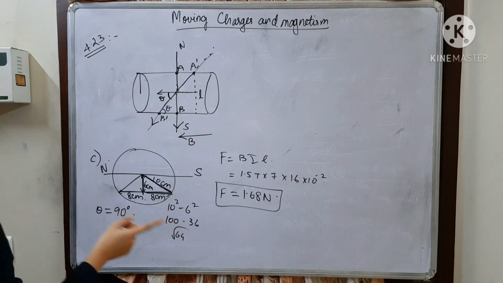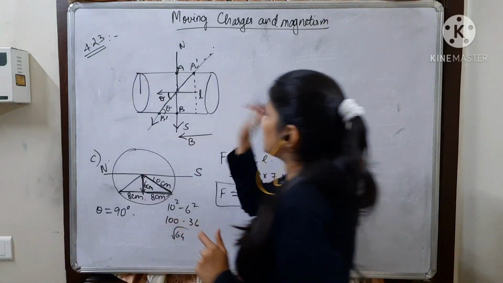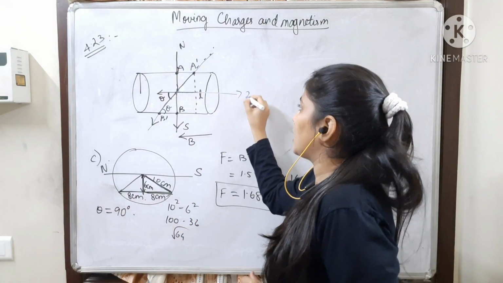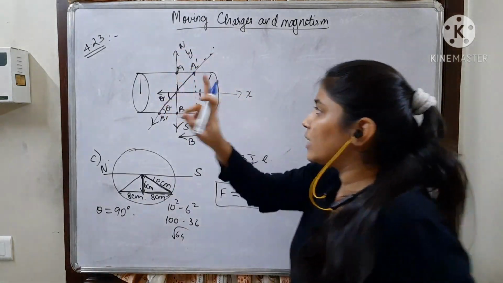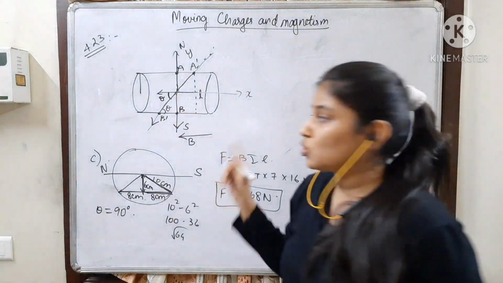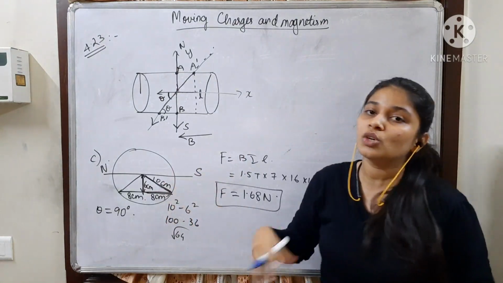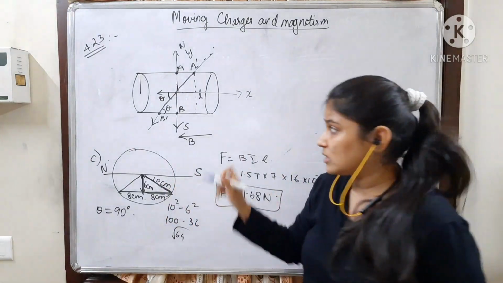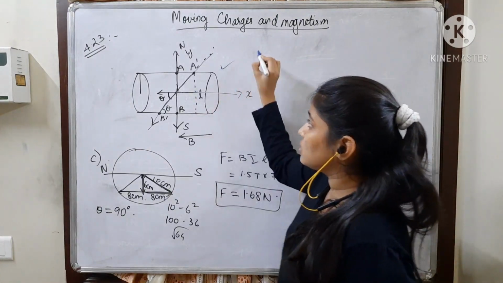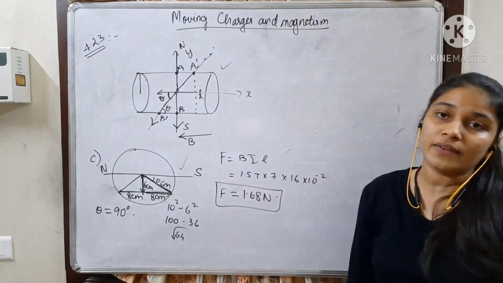If you don't want this confusion, what you can do is you can fix the axes. You can say x axis, y axis and z axis, so that in all the three cases you don't change the axes, and in that case you will be getting the same direction for all the three cases. For the first two cases I chose this diagram, but for the third case I've chosen this diagram.